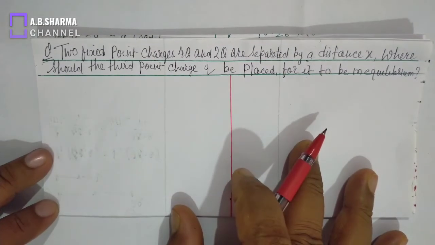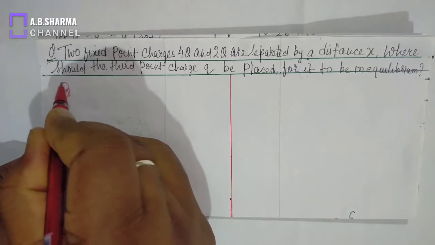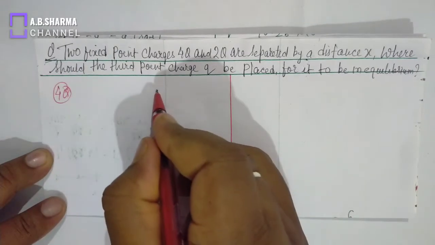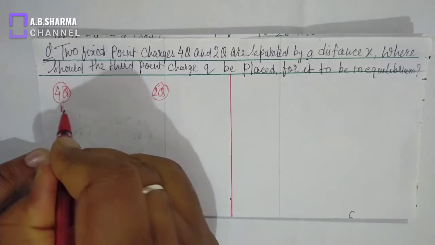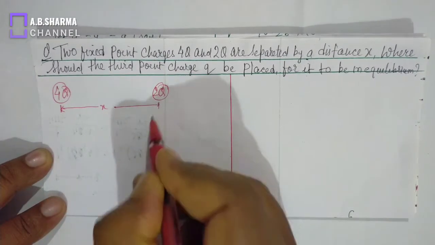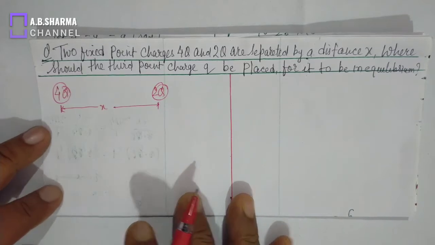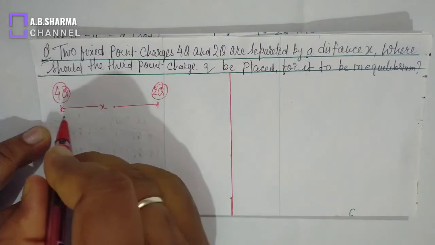Now see the solution. One charge, that is 4Q, and another charge, that is 2Q, are placed at a distance x. Now the question is where the third charge should be placed so that it will be in equilibrium.